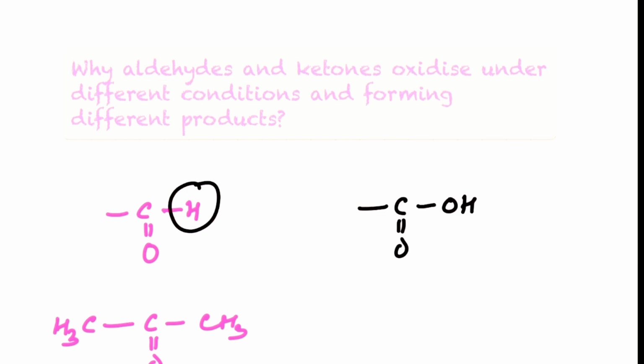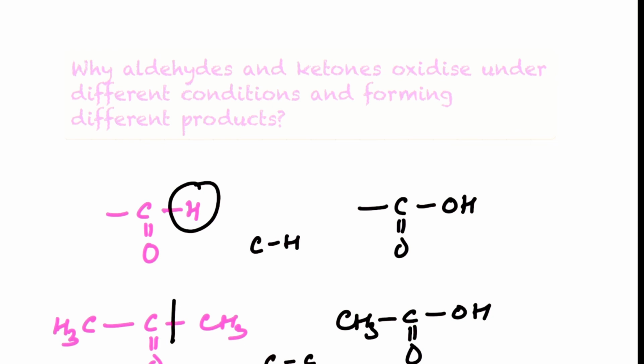So this is good. The C-H bond will get oxidized, which is easier than a C-C bond. Here what we would need is CO and OH, that is, the C-C bond has to cleave. Here only the C-H bond has to cleave. So definitely the products are going to be different.